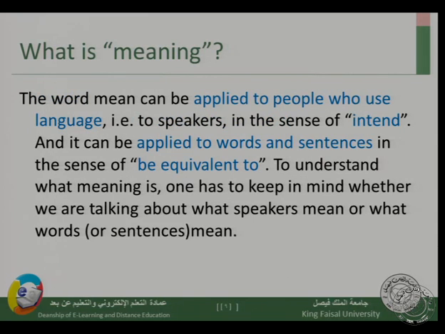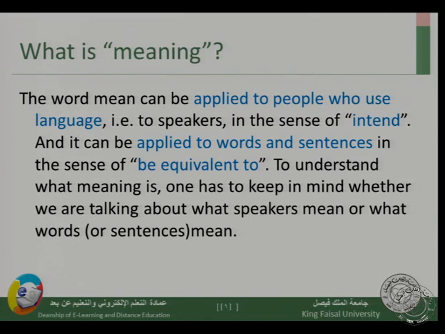Here, for the purpose of our study, we are going to give two possible definitions, or two possible ways to look at meaning. The word mean can be applied to the people who use the language. So when you say a speaker means something, the word mean here is used in the sense of intent.